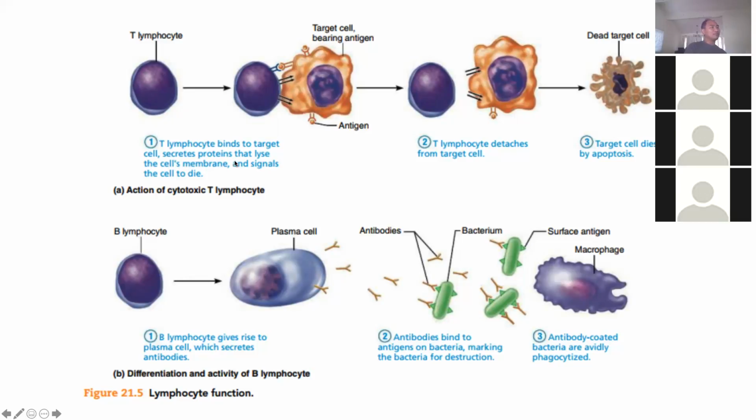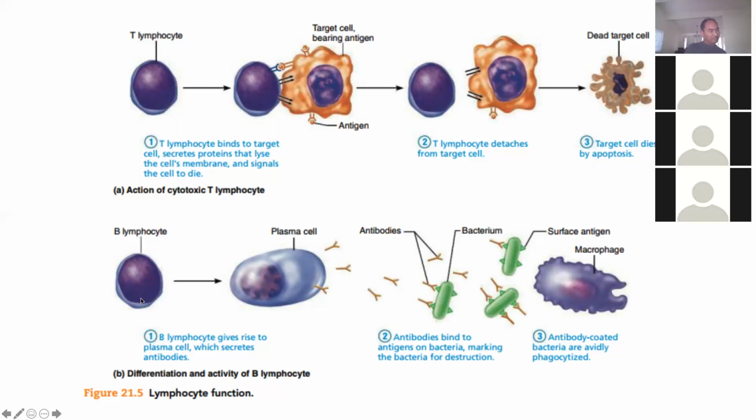They secrete the protein that lights the cell membrane, and then the T lymphocyte will leave it, letting the target cell disintegrate through apoptosis. That is the job of the T lymphocyte: attach to the target cell, leave it, and the target cell will disintegrate via apoptosis.